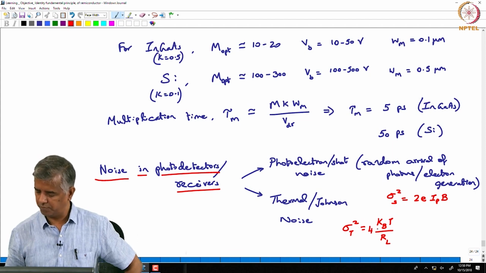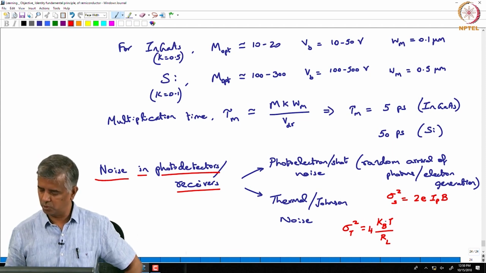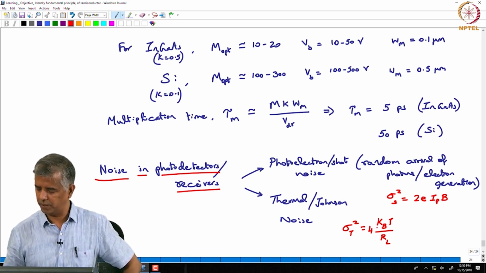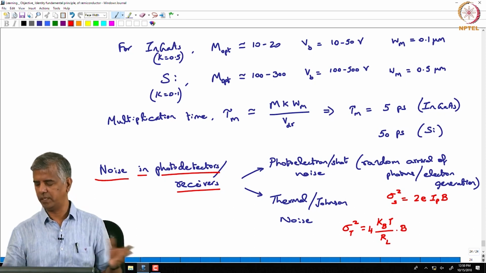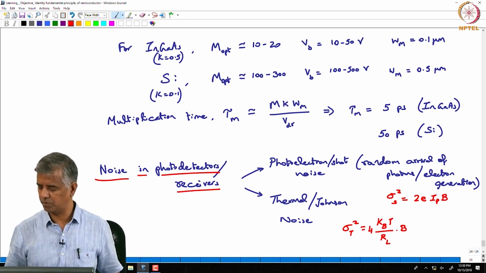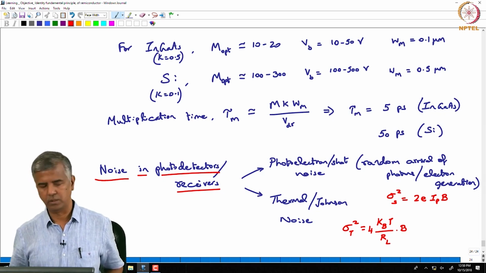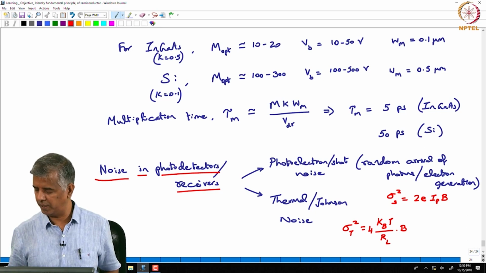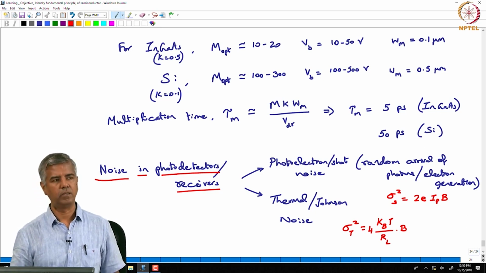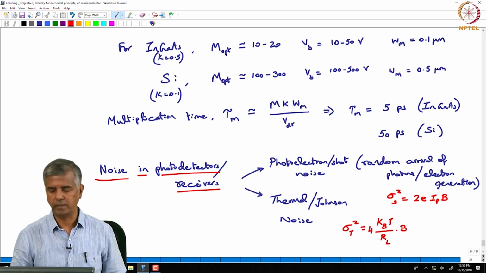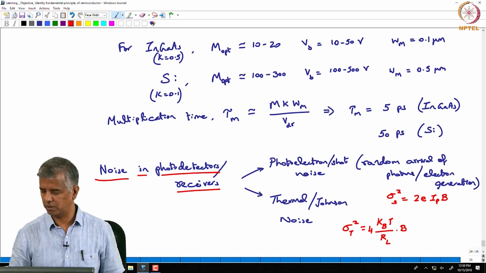The noise variance is 2 kBT over R L, but it's integrated over 2 times B, once again because it's a double sided spectrum. So, 4 kBT over R L multiplied by the bandwidth of your receiver, that is the thermal noise.